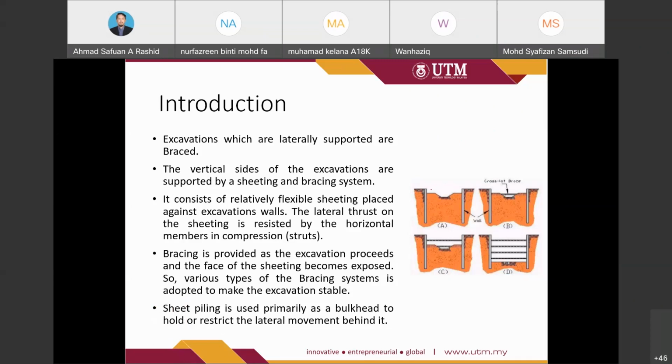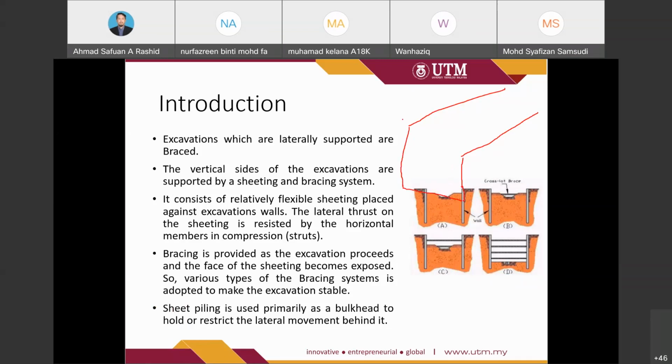So this is the side view, or the front view. For example, if we look at the three-dimensional view, let's say this is the area that we want to excavate.